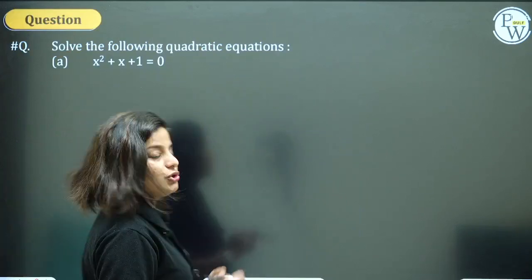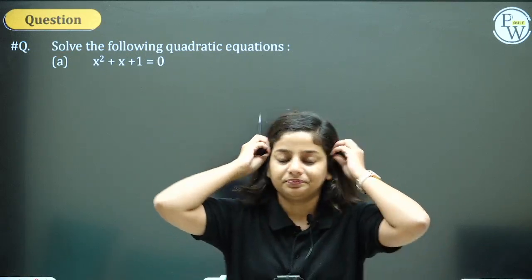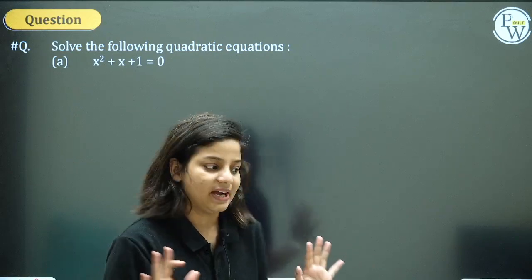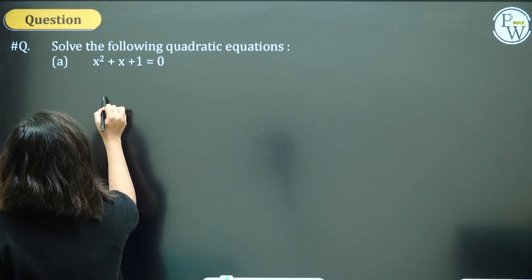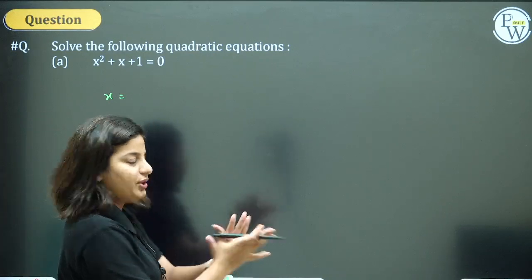Here is the first question. x square plus x plus 1 equal to 0. Let's solve it by the formula method. x will be, comparing it with ax square plus bx plus c, you all know that, right?